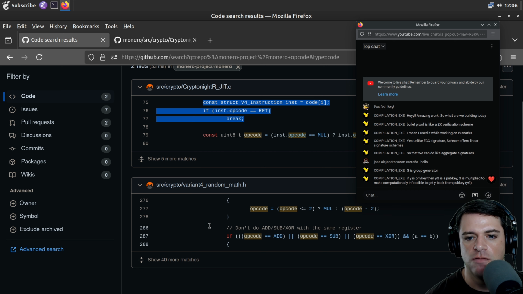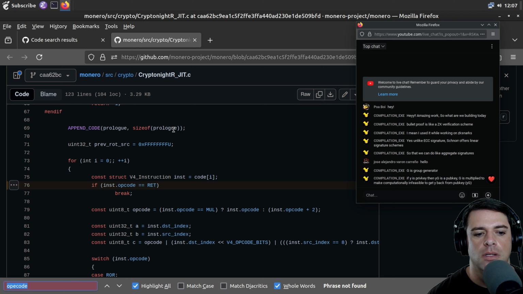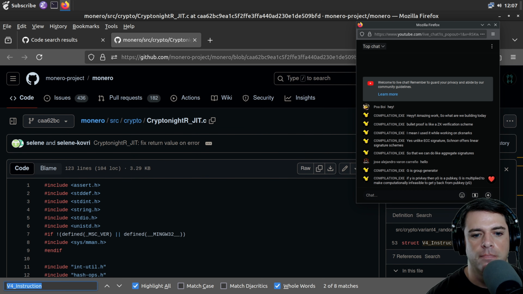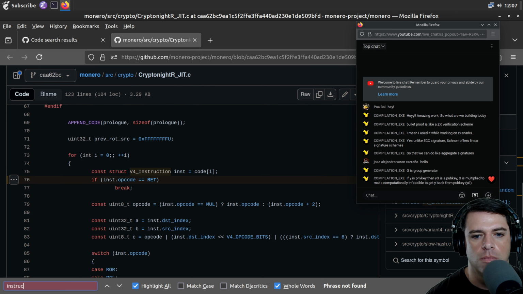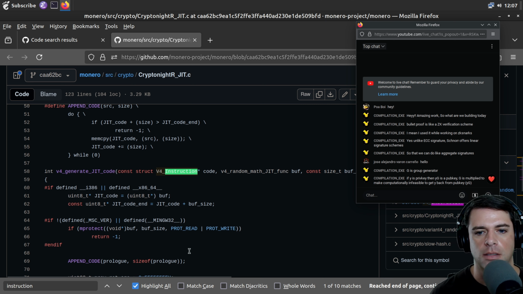And we have this thing, random math. But I don't think these are the same kinds of opcodes, are they? P4 instruction. Wait, how do whole words keep getting highlighted?